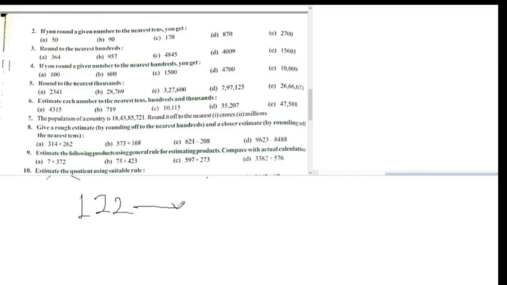Now round off to the nearest 1000. Now this 122 is the rounded value. What does question number 4 mean? If you round a given number to the nearest 100, you will get 100. So see, if we round 122, we will get 100. How?